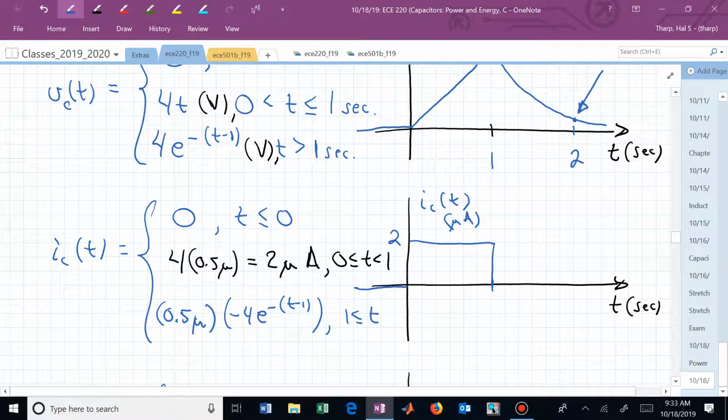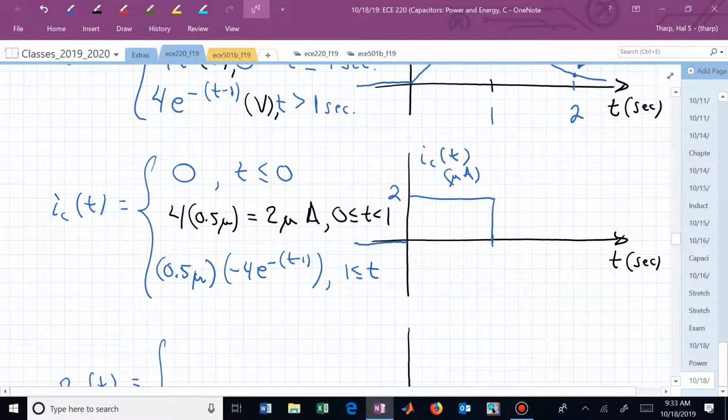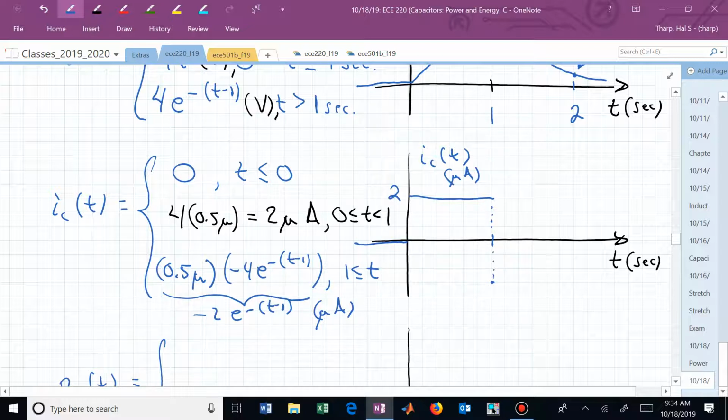And above 1, I'm now going to be at this minus 2 e to the minus (t minus 1) functional form, and that's in microamps. Meaning I've now flipped sign. I've now gone down. And I'm exponentially decaying from the minus 2.